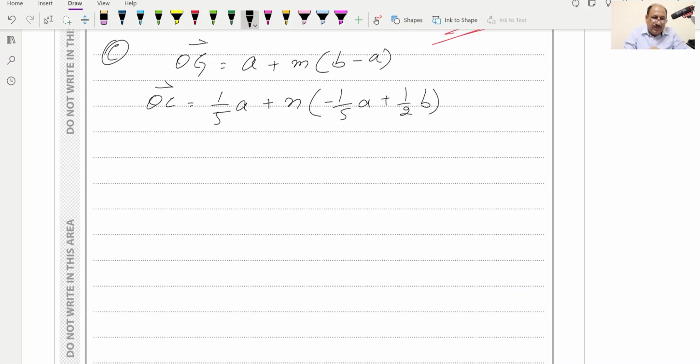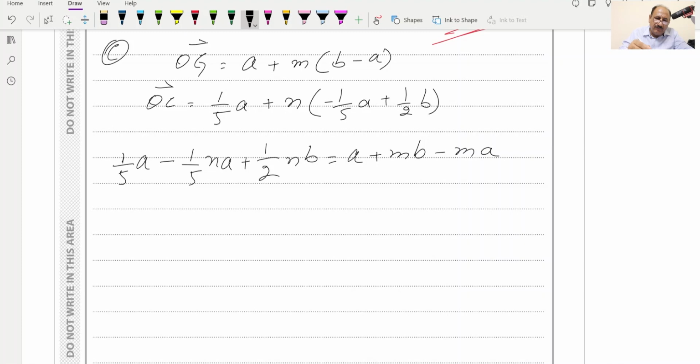Now we can equate these two equations, and 1 by 5a, we can multiply this, open the bracket, so minus 1 by 5 na plus n into 1 by 2 into nb, and this is equal to a plus mb minus ma.